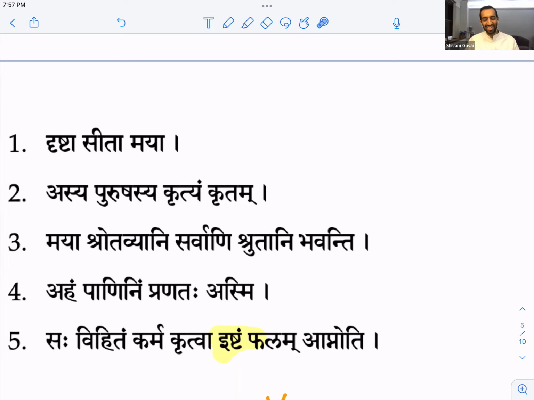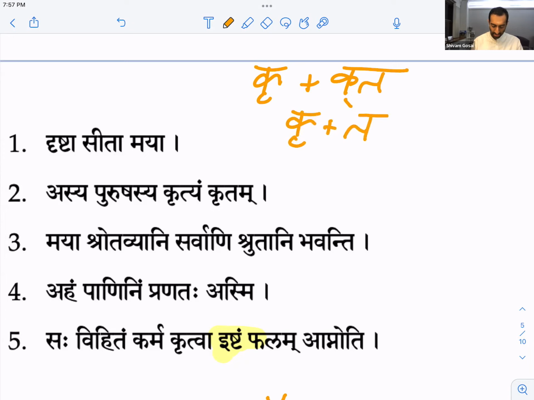Okay. Now we have to look for our kṛdanta words. So if we're looking for a kta ending word, I would have kr plus kta. Here, let me make it clear. Okay, kr plus ta, the kakara goes away.